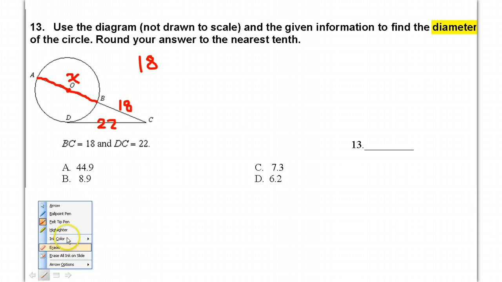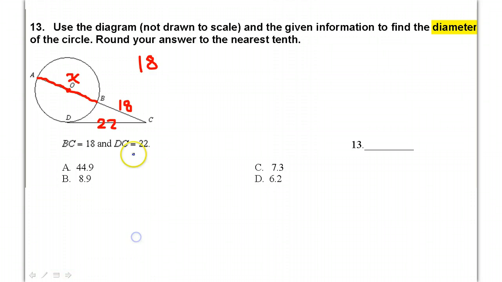Okay, now as far as the whole goes, all the way from here to here, that's the whole that we are talking about. So that is x plus 18. X plus 18 is going to be the whole. So I will have part times whole, 18 times x plus 18.